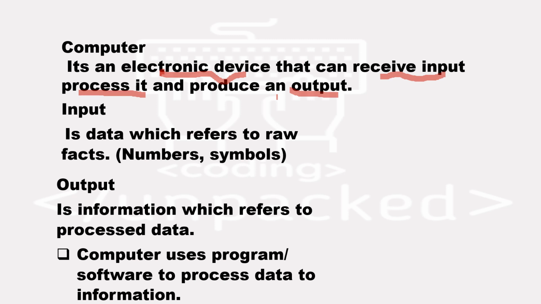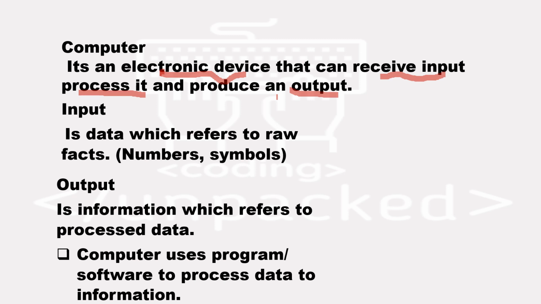You'll see an output on the screen. You can print the output. So that is basically what I'm trying to explain, that a computer can receive input, which is data, process it, and produce an output.